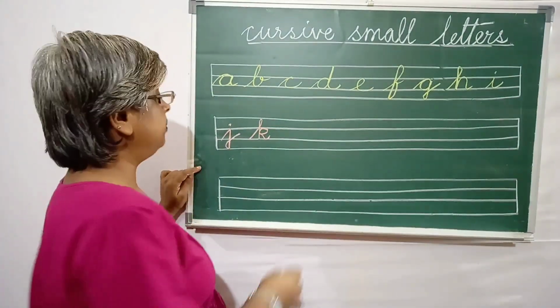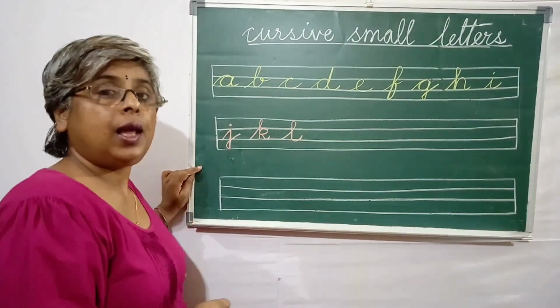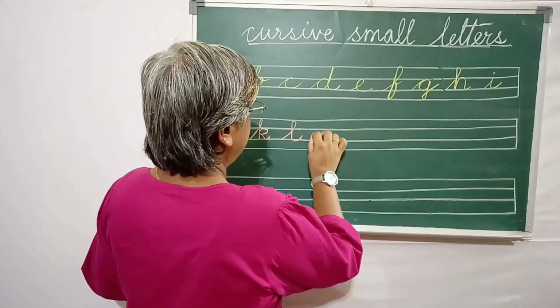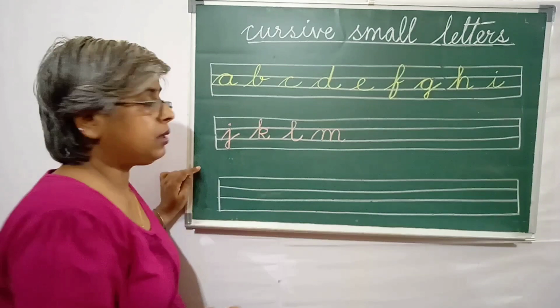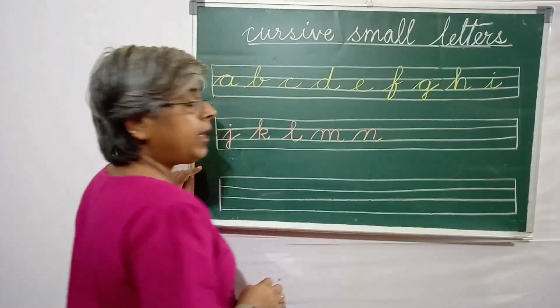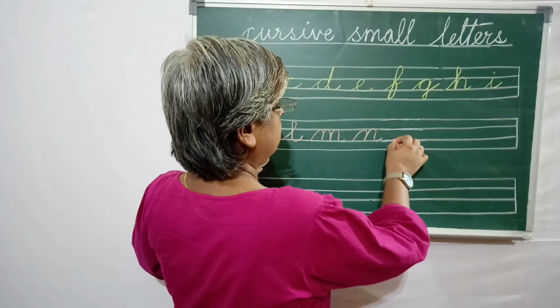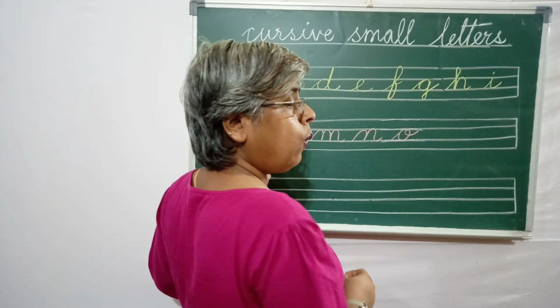K, kingdom. L, lemon. M, music. N, nest. O, owl.